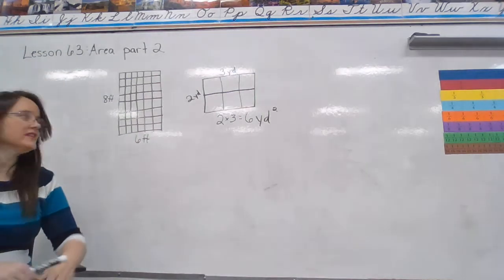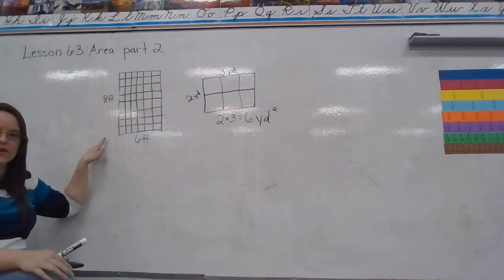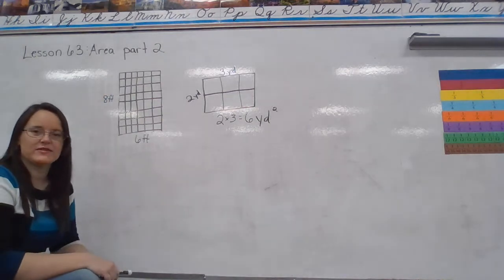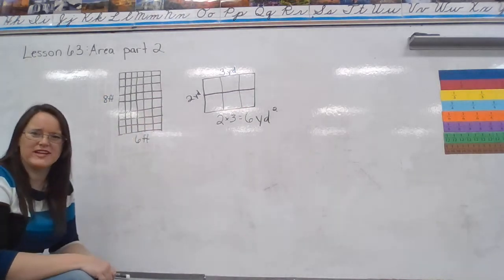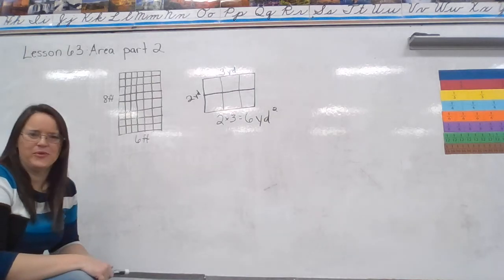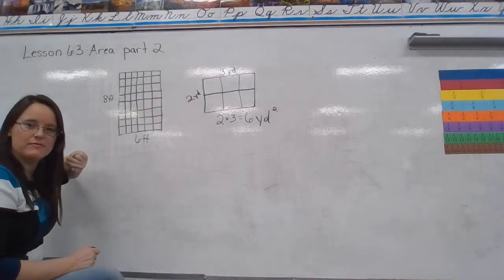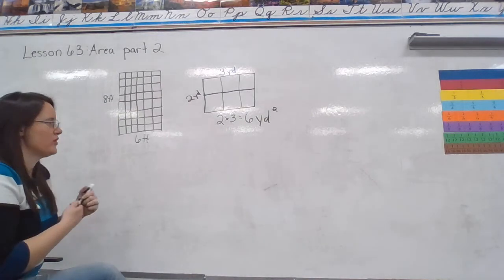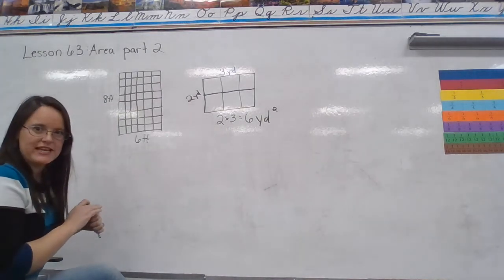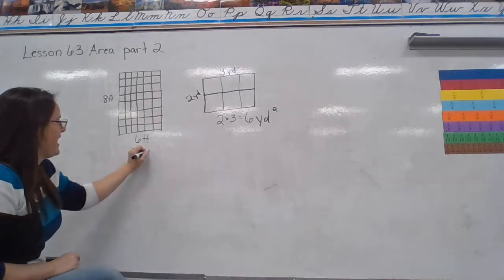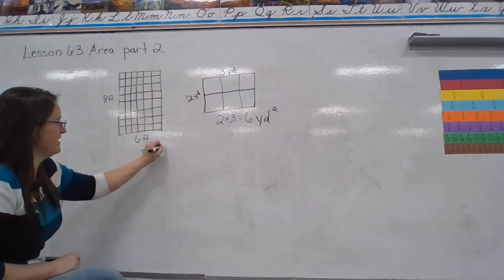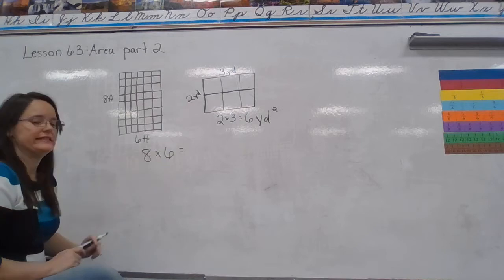Okay, so we have 8 going one way, 6 going another way. Do I want to count them all by ones? No. I'm going to count by 8s or I'm going to count by 6s. So let's turn this into a multiplication problem. We have 8 groups of 6.